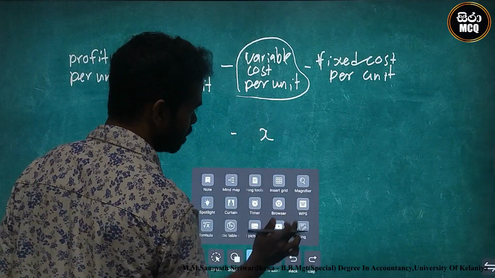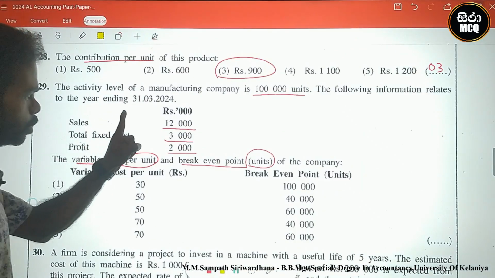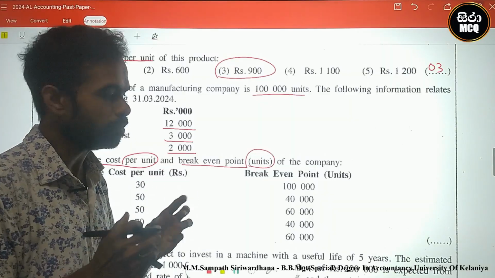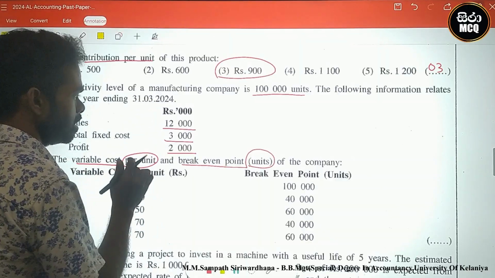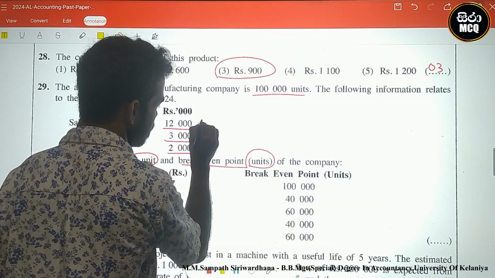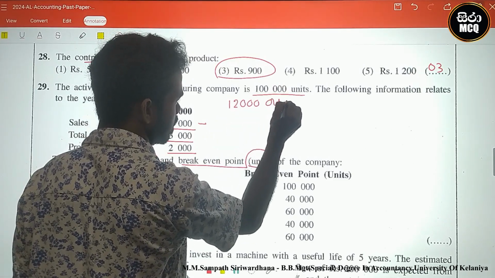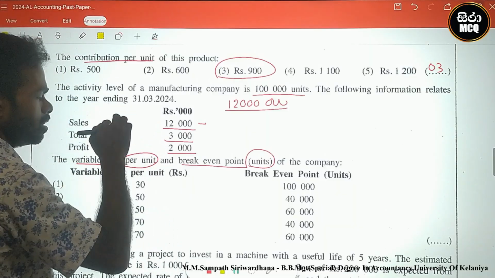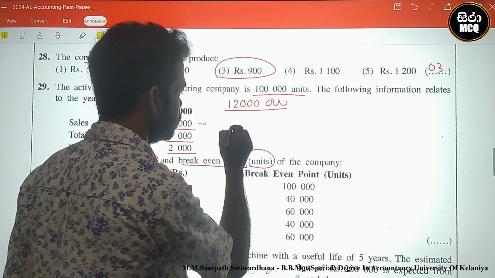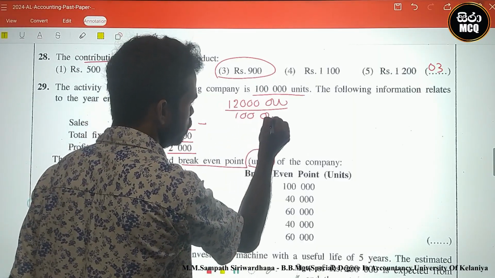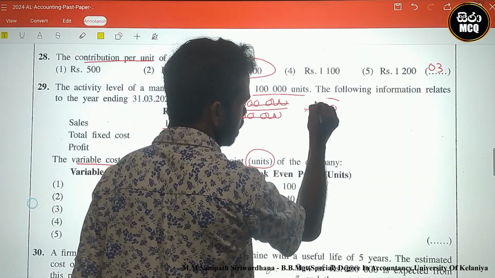Look here, the question said sales is the total one. The sales means total for 100,000 units, therefore this is 12,000. This 12,000 sales is related to 100,000 units, therefore I divide by the number of units. Therefore, I can calculate 120 as the unit selling price.